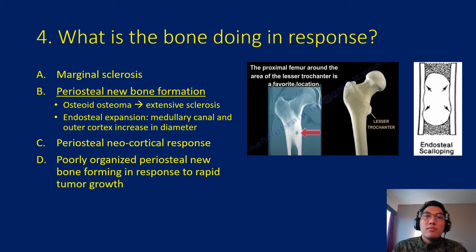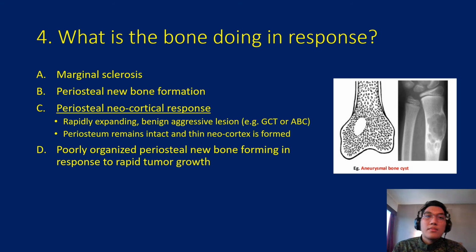The combination of endosteal erosion and periosteal new bone apposition results in an appearance best characterized as endosteal expansion, in which both the medullary canal and the outer cortex of the bone increase in diameter. This pattern is typical of lower grade chondrosarcoma.